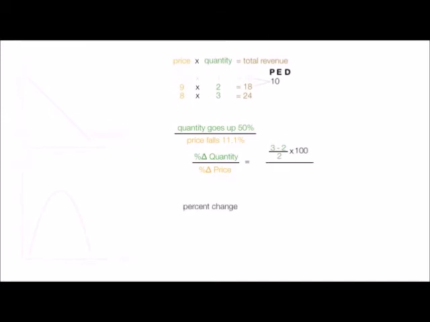Let me pause for a second and tell you how percent change is calculated. It's the new minus the old, divided by the old, times 100. And that's how you calculate percent change. I digress, but let's go back.